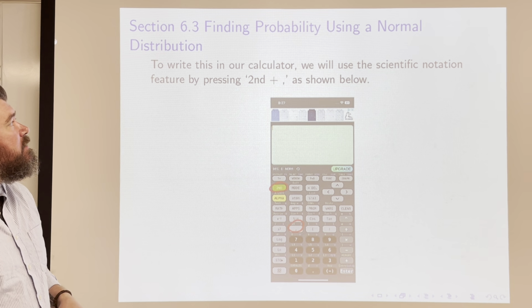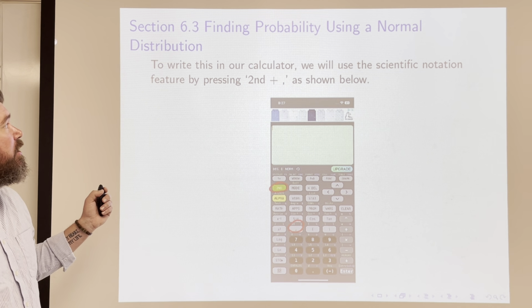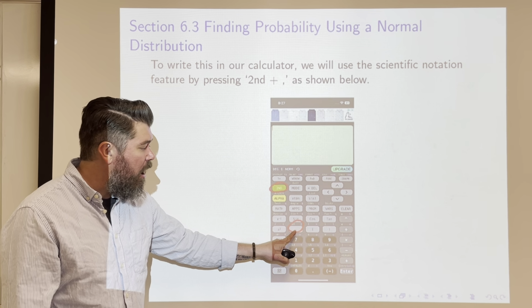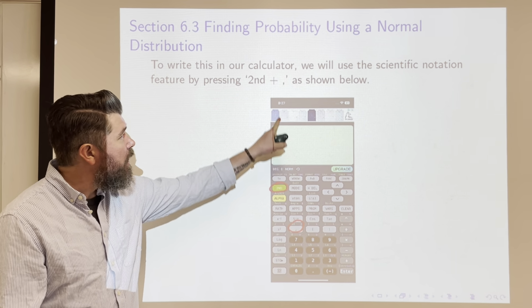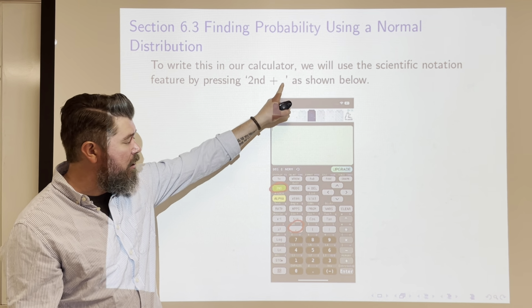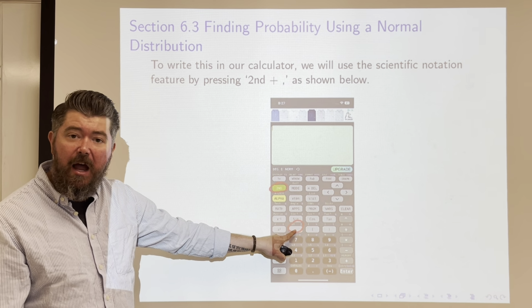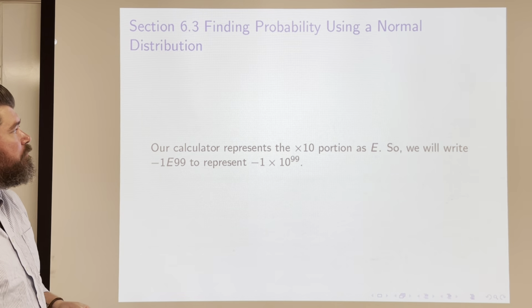Now, to write this in our calculator, we will use the scientific notation feature by pressing second and our comma button. Remember that our comma button is below our sign button here. So second, comma.